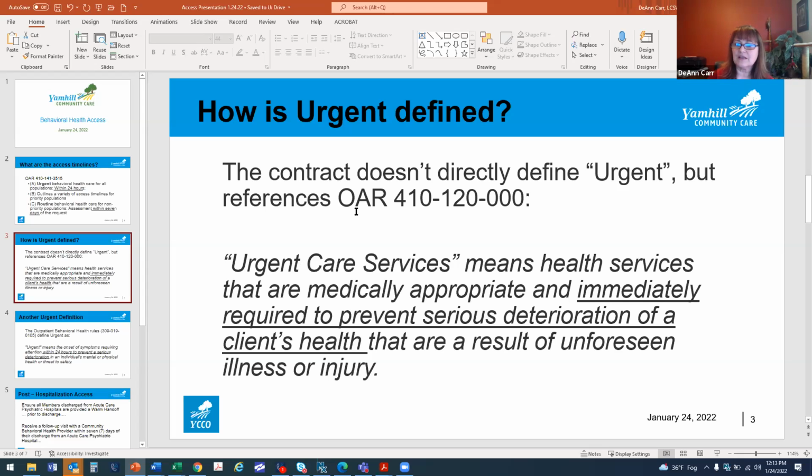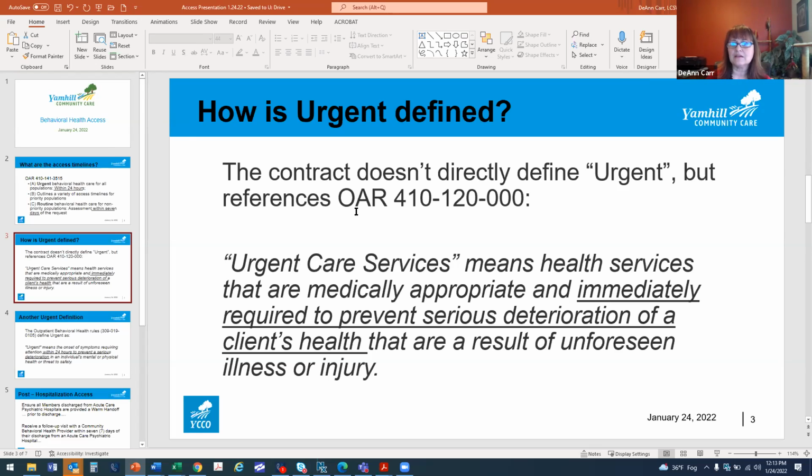And this is where they don't speak to urgent, but rather urgent care services. And that means the services are medically appropriate and immediately required to prevent serious deterioration of the client's health. That tends to be a little more of a medical reference, as the rest of the sentence shows, that they are a result of unforeseen illness or injury.